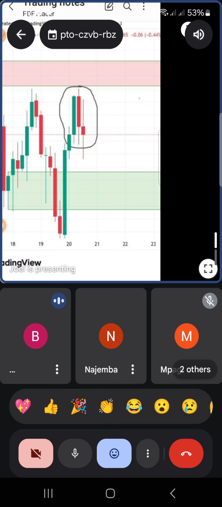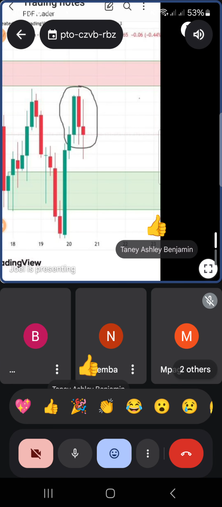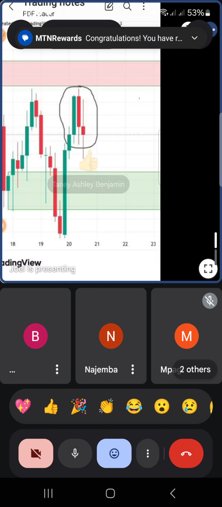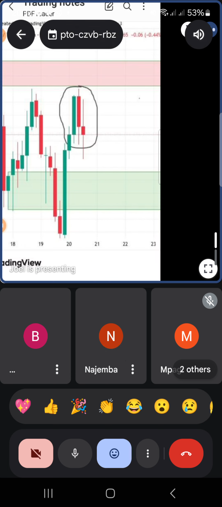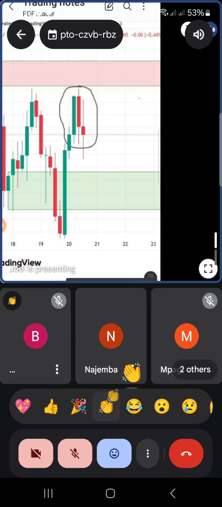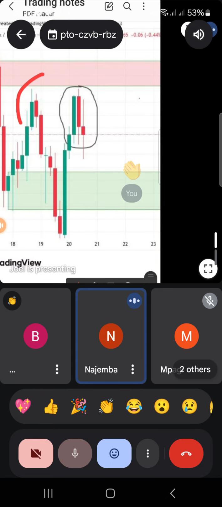For me, I can interpret it that the market is ready to fall down, which I can call a bearish engulfing. Like I said, there are no wrong answers here because everyone interprets the market differently. So for me, what I'm seeing here is a tweezer top, because I'm comparing it to this one here.